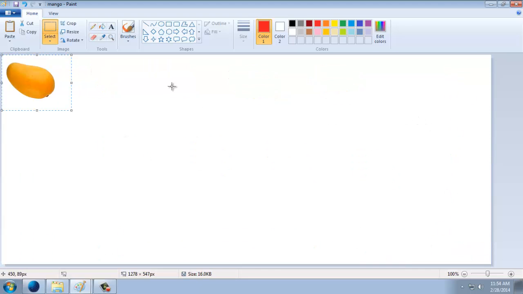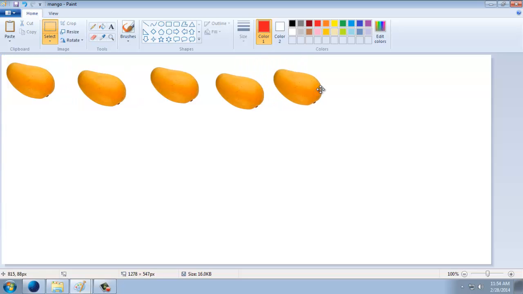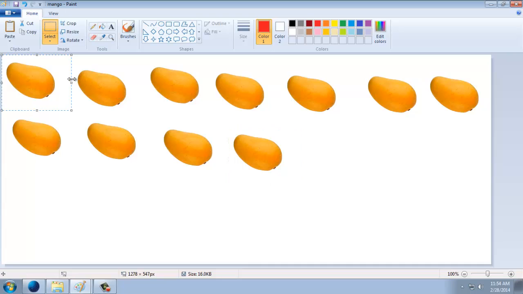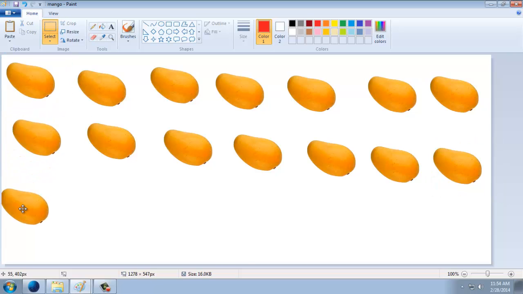So we'll talk about hexadecimal number systems. 1, 2, 3, 4, 5, 6, 7, 8, 9, 10, 11, 12, 13, 14, 15, 16.